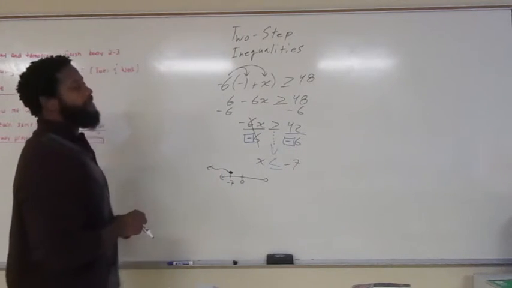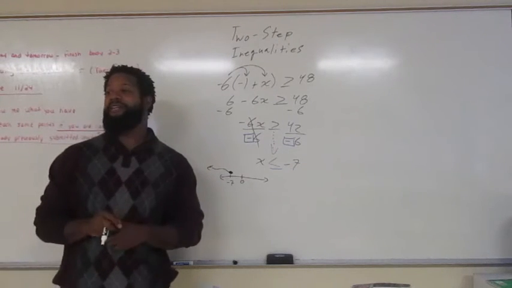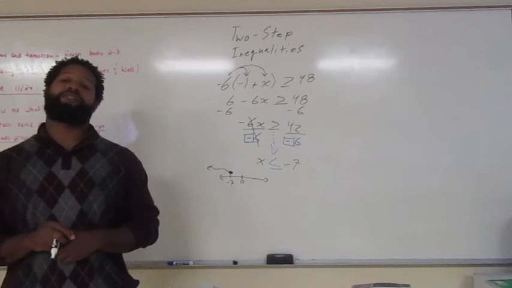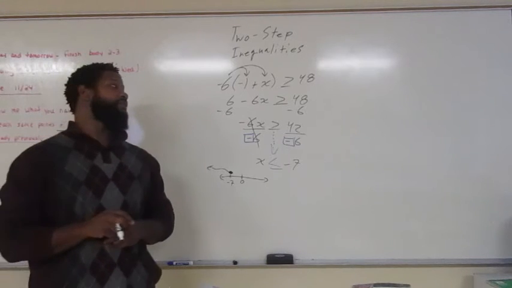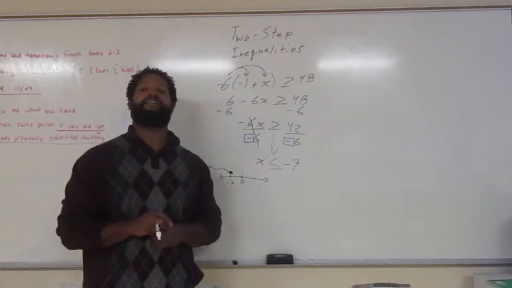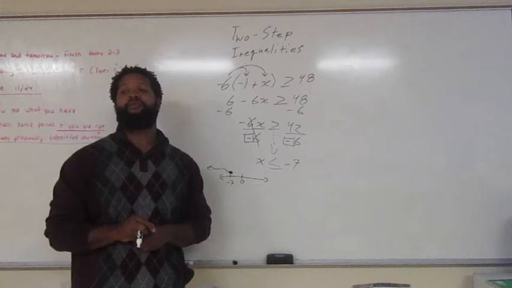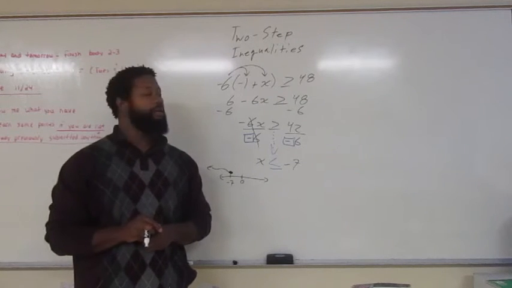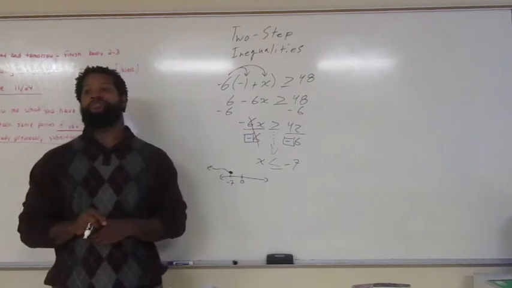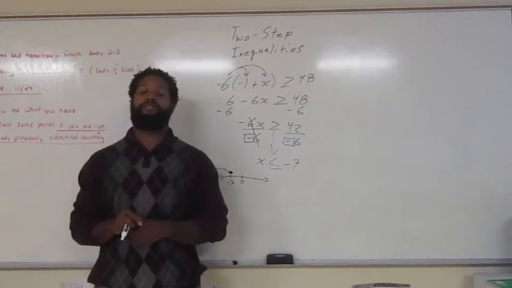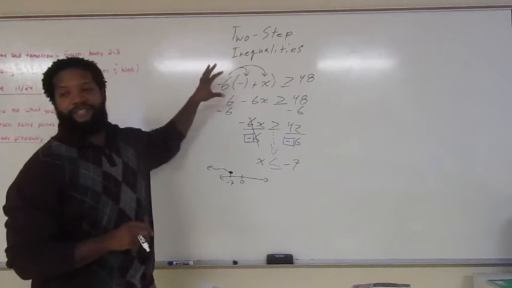Okay? Now, I'm telling you right now, when we start to go over multi-steps, you will be having equations on either side of the inequality sign, okay? But right now, for these 1 steps and 2 steps, I'm keeping the equations on the left-hand side.